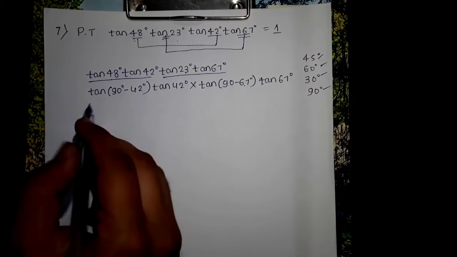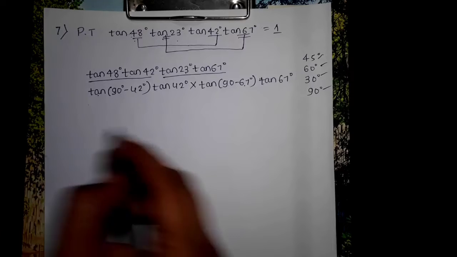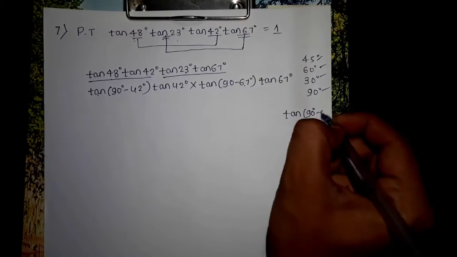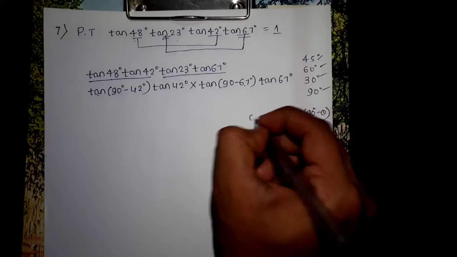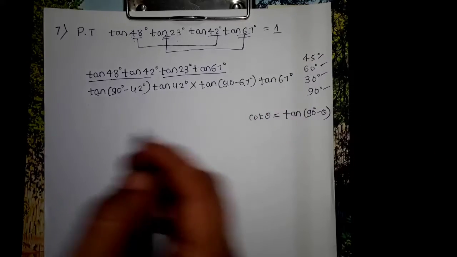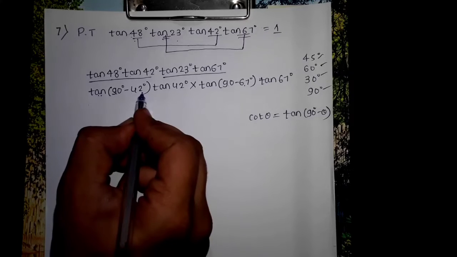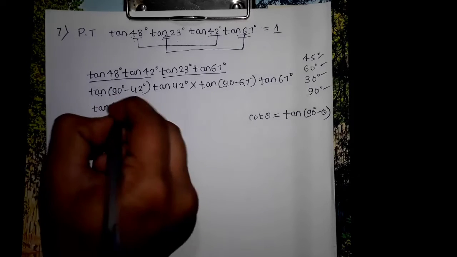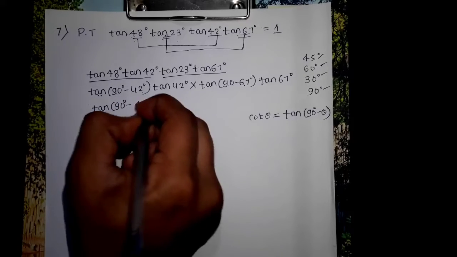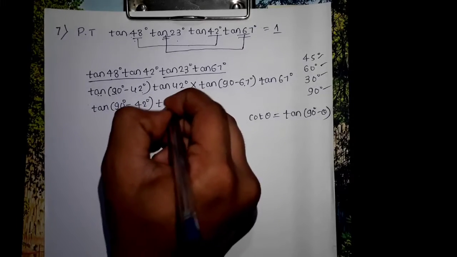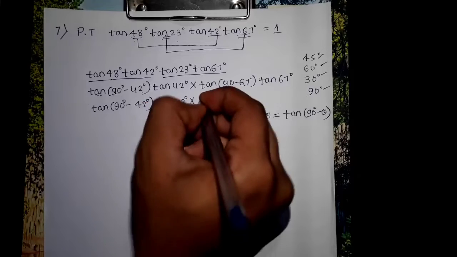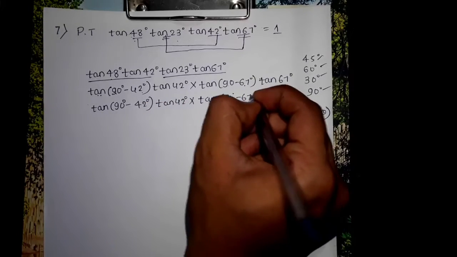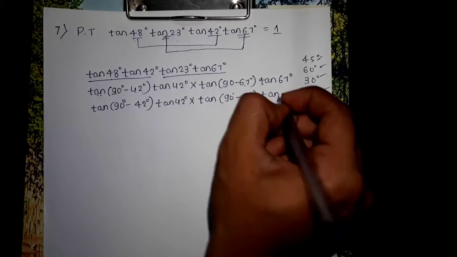Now see, what is tan of 90 minus theta? We know that tan of 90 minus theta is equal to cot theta, isn't it? Tan of 90 minus theta into tan theta into again tan of 90 minus theta into tan theta.